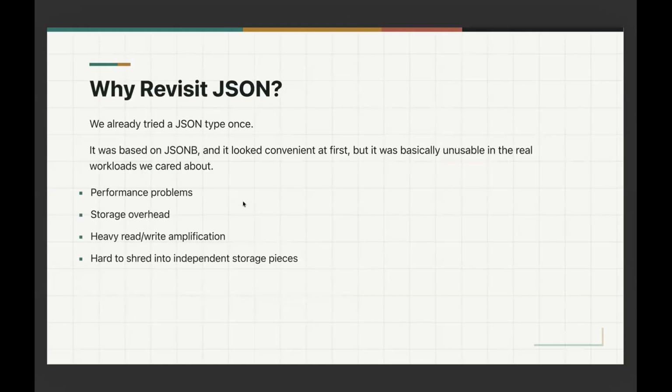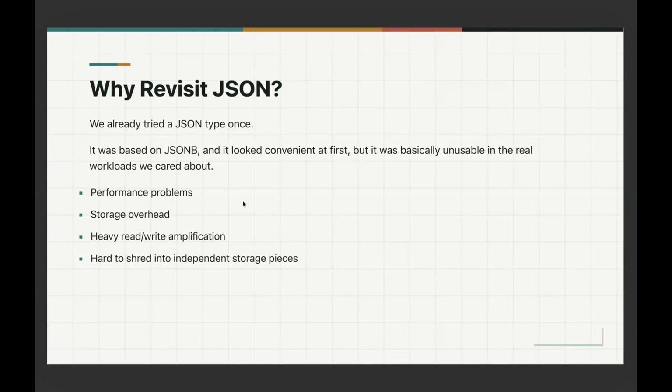And at Script10DB, before this attempt, we had already implemented a JSON type once, which I consider a bad try. It is built on top of the JSONB format, storing every single JSON row along with its format in one data point. And this is absolutely bad.